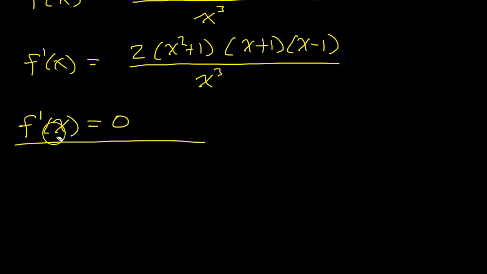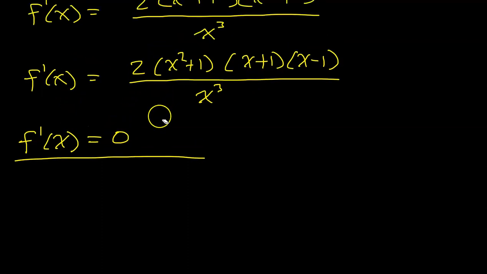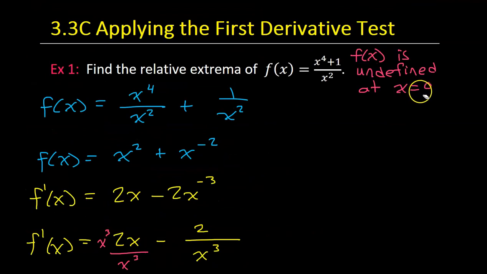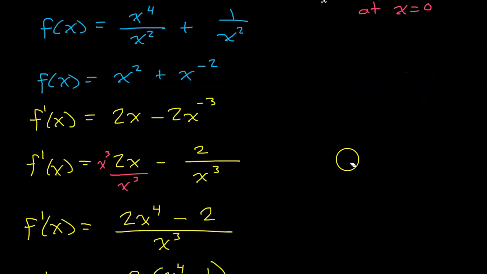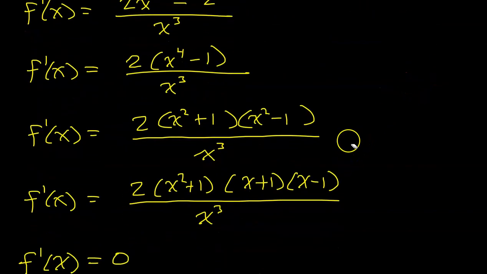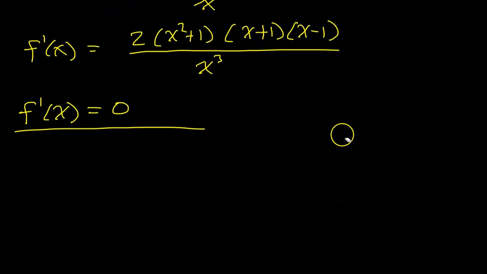So our only critical numbers are going to come from setting the derivative equal to 0. I should point out we're still going to use this number to make the intervals. We just won't be expecting the graph to exist there.